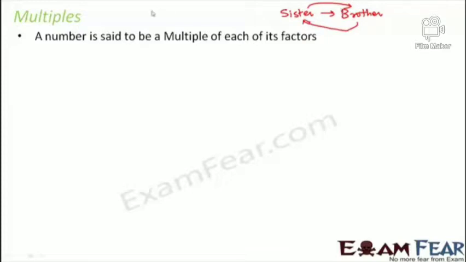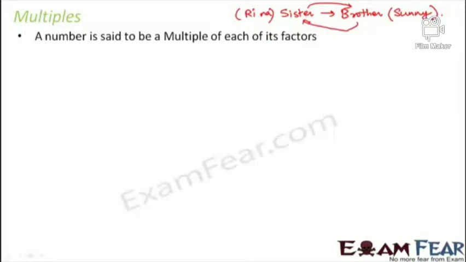So let's say that the name of your sister is, say, Reena. And let's say that your name is Sunny. So this means that Reena is sister of Sunny and Sunny is brother of Reena. So that's the relation, right?